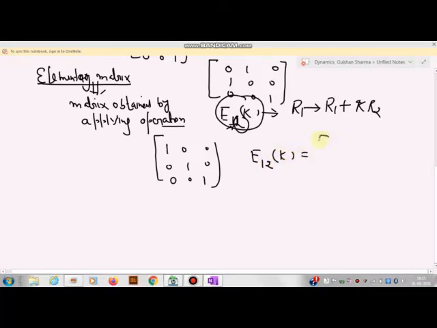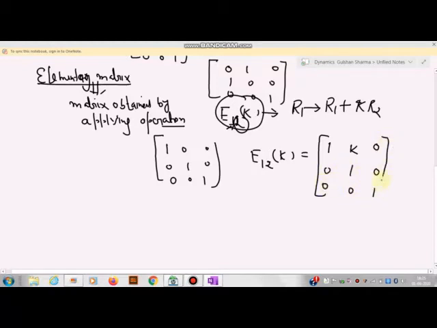This stands for adding the elements of the second row, after multiplying by k, into the first row. So 1 plus 0 times k is 1, 0 plus 1 times k is k, and 0 plus 0 is 0. This is the matrix obtained by applying the elementary operation.